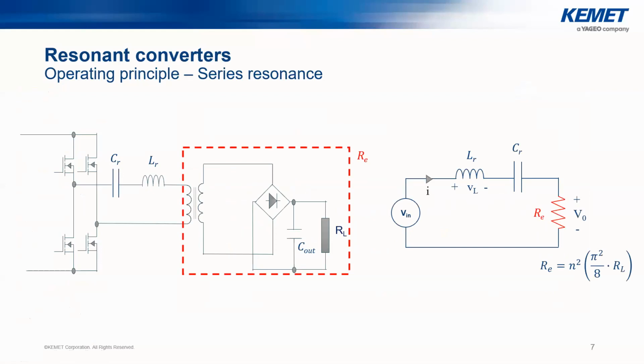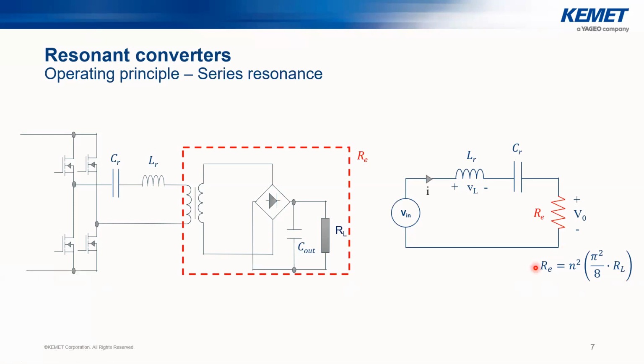So, of course, to make the equivalence between the power converter circuit and a simple RLC circuit, there is an equation between the R equivalent and the load resistance that we are showing here.